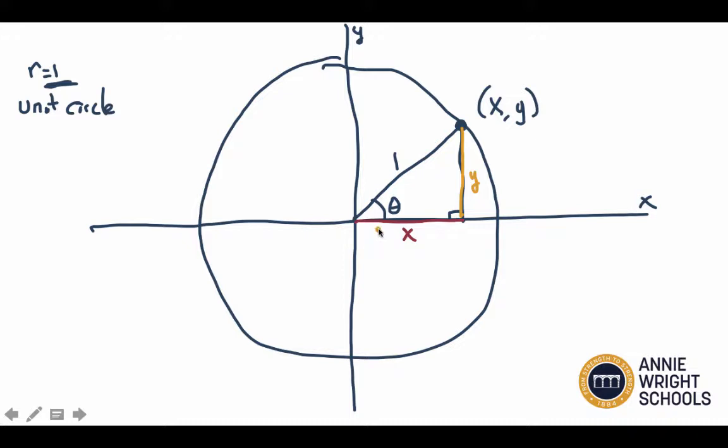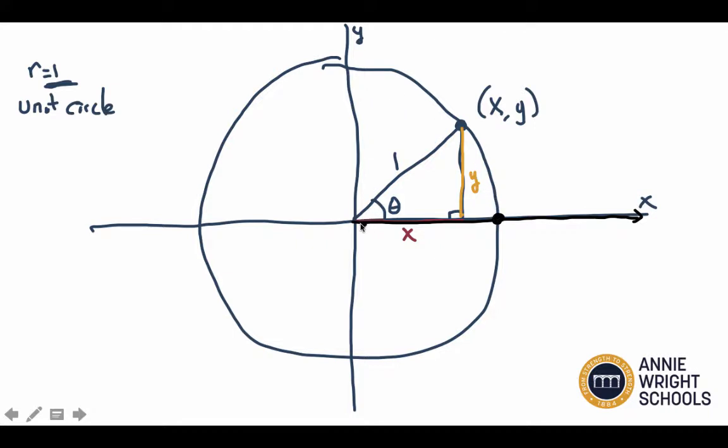Now, in Algebra 2, we will talk about angles starting right here and wrapping around the circle. So an angle of 0 degrees starts on this side of the x-axis, and its terminal side is right here. So that's a 0 degree angle. It's just a ray.